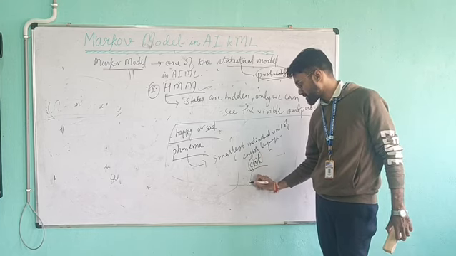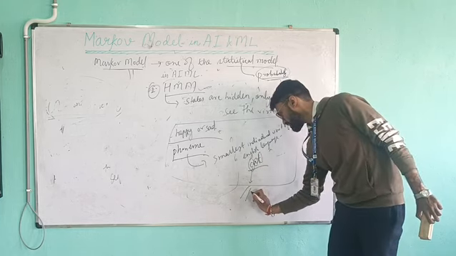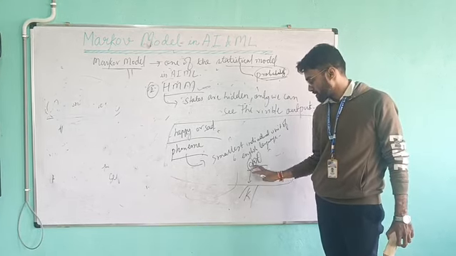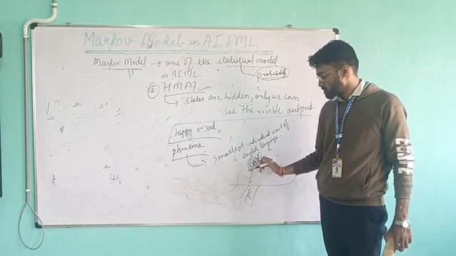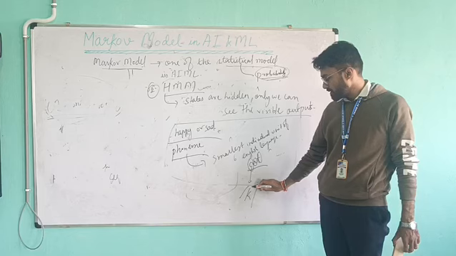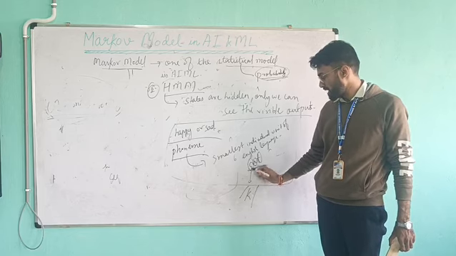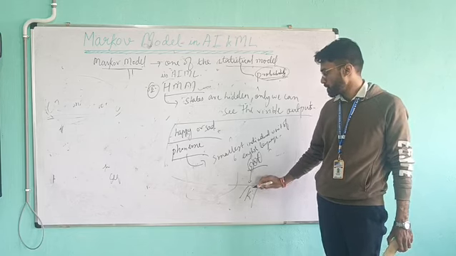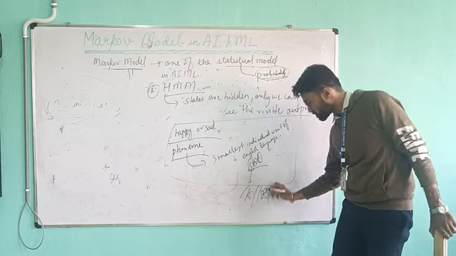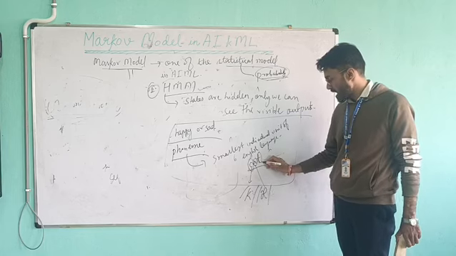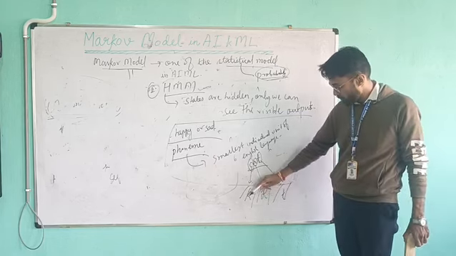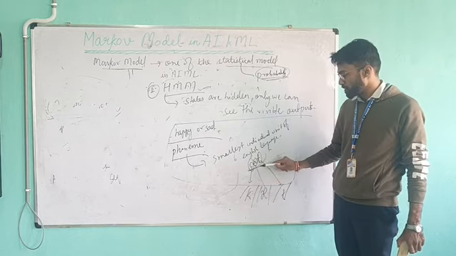CAT. It means C is represented as K. So this is basically a sound. Wherever I am speaking cat, here C means K is a phoneme, and this phoneme is hidden. A represents this sound, and T represents this sound. So there are three phonemes in this word.